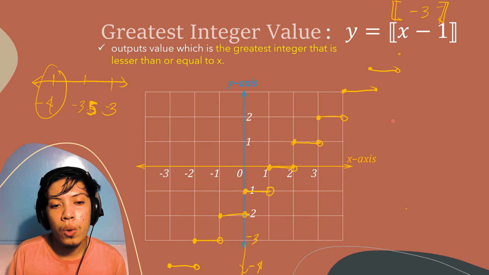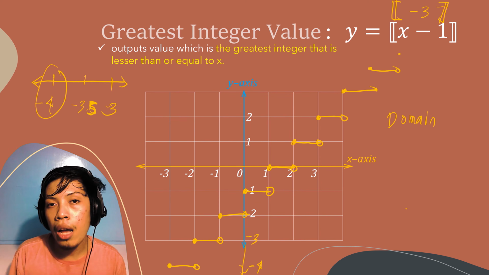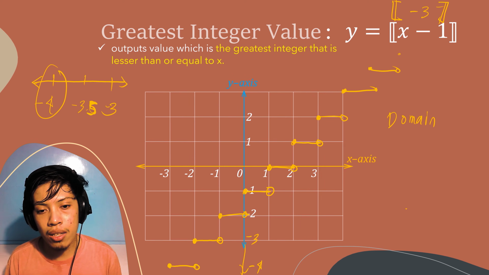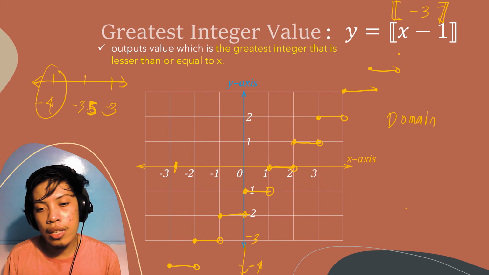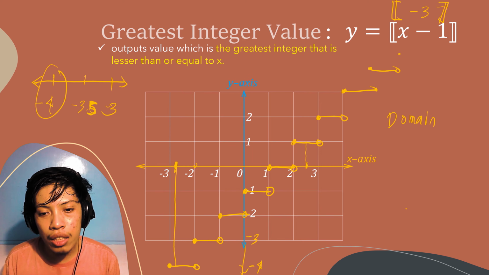So, to find the domain and range, let's talk about domain first. Take note, domain is the set of all possible values of x. Now, if you look on the x-axis and choose this point, it is still covered by the graph, right? How about negative 2?